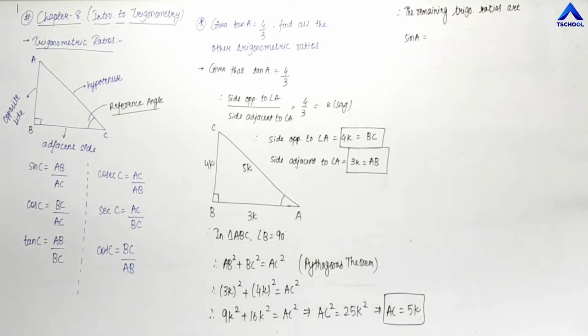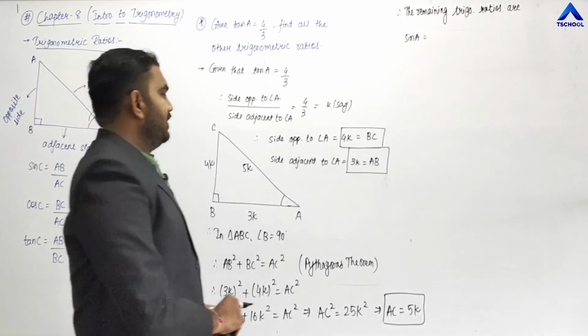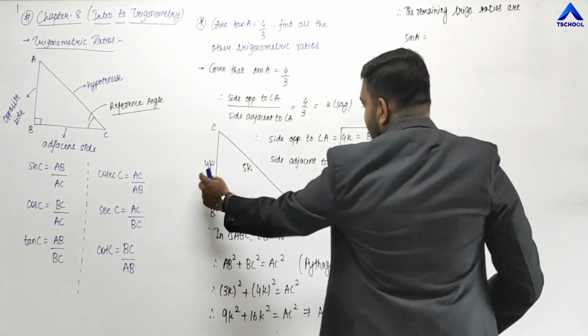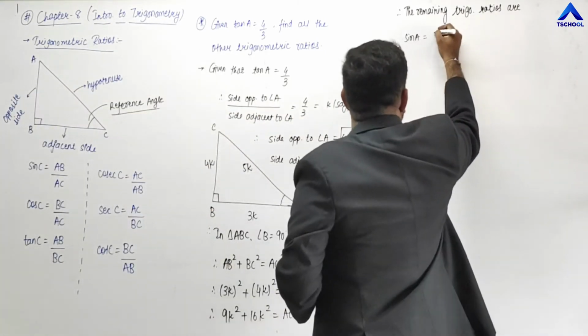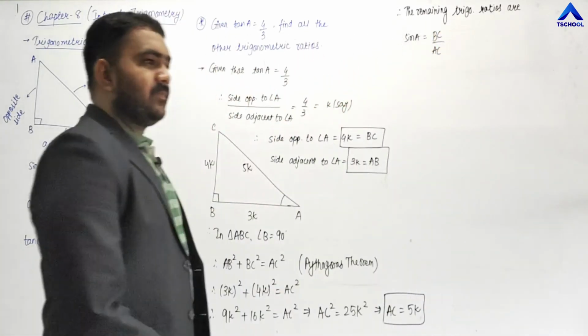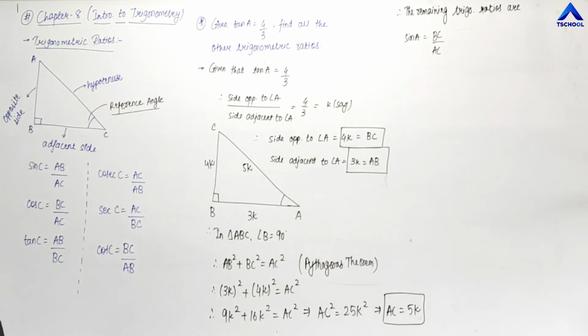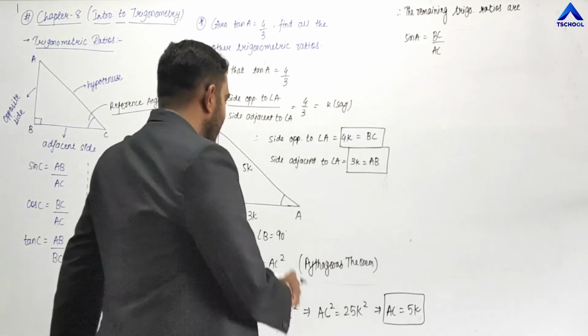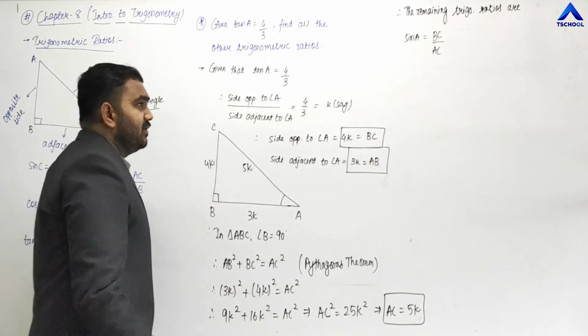The ratio of sine A is side opposite to angle A upon hypotenuse. So what is the side opposite to angle A? BC. So sine A is equal to BC upon AC. Yes or no? That is the trigonometric ratio for sine A, side opposite to angle A upon hypotenuse.